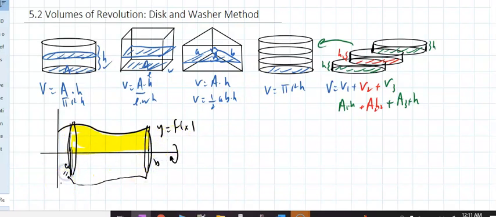Now if I want to find the volume for this, I'll take this from A to B, I'll call this x sub 0, and I'll break this. I always go to the original, by the way, always the original. So if I take this and I break it, this is x sub 1, this is x sub 2, this is x sub 3, x sub 4, all the way to x sub n.